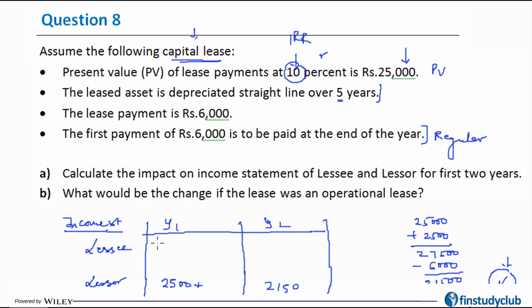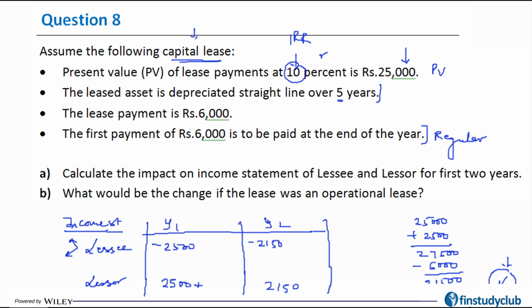Now as far as the lessee is concerned, the lessee has got a loan and an asset on its books. So as far as the loan is concerned, the interest that is the income for the lessor is an expense for the lessee. So I don't have to calculate this particular aspect again; the interest income for the lessor has to be equal to the interest expense for the lessee.